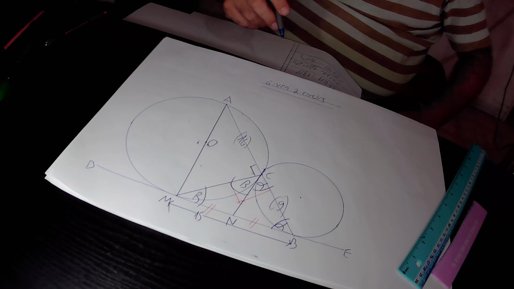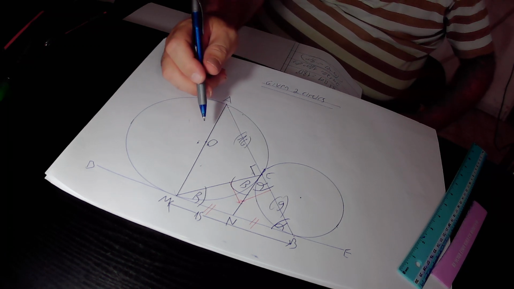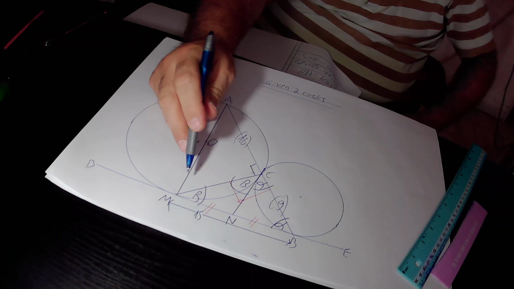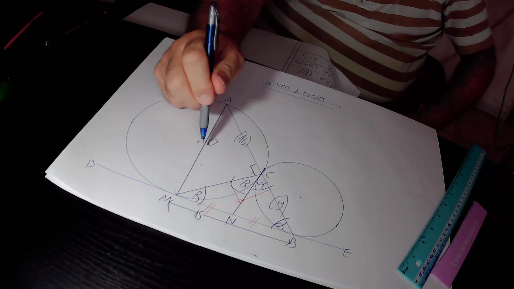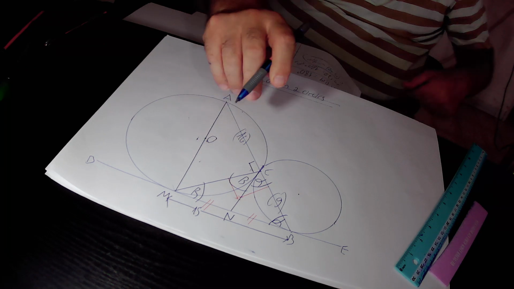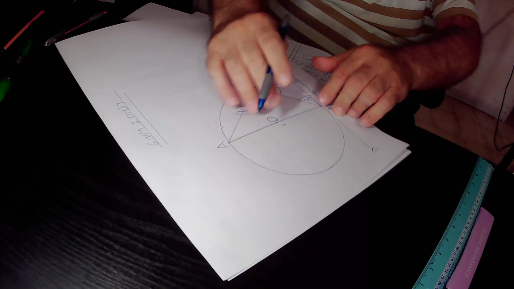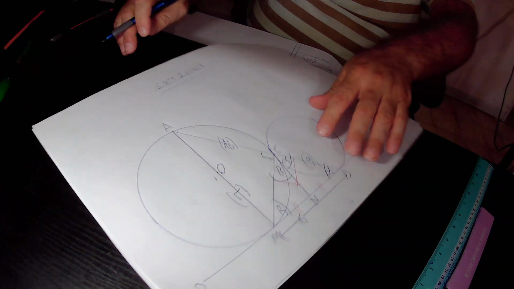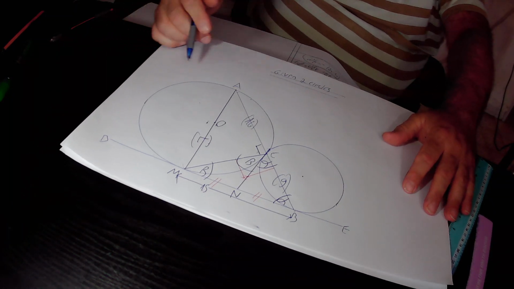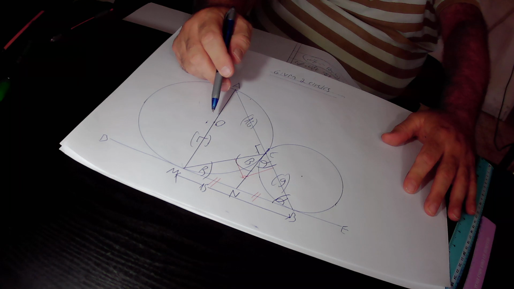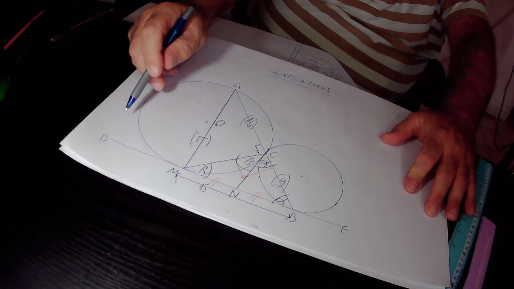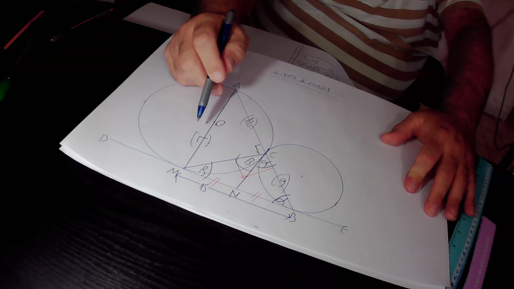Point O is the center of this big circle, and point M is a point on the big circle itself, therefore OM is the radius of this big circle. We define the radius as R, so OM equals R. The radius OM is drawn to point M, that is the point of tangency of tangent DE with this big circle.